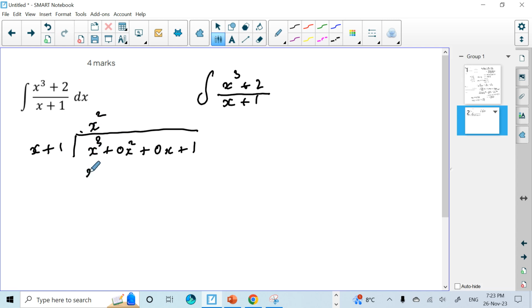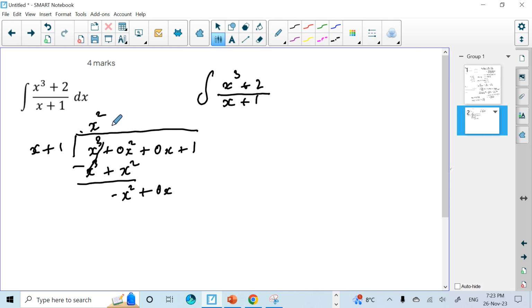Do that. That will give you x cubed plus x squared. And subtract, and your x cubes have gone, and you have 0x squared minus x squared, which gives you minus x squared, and you bring down the next number, which is 0x.